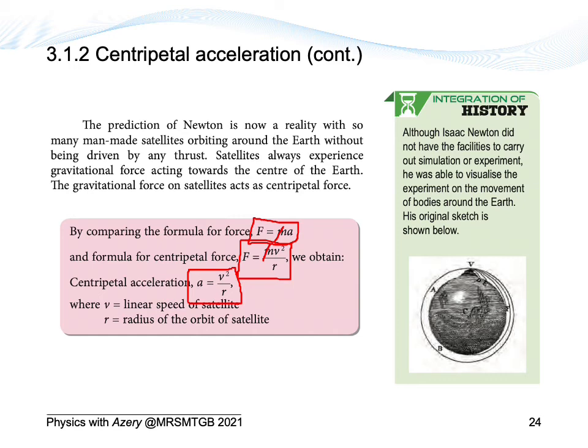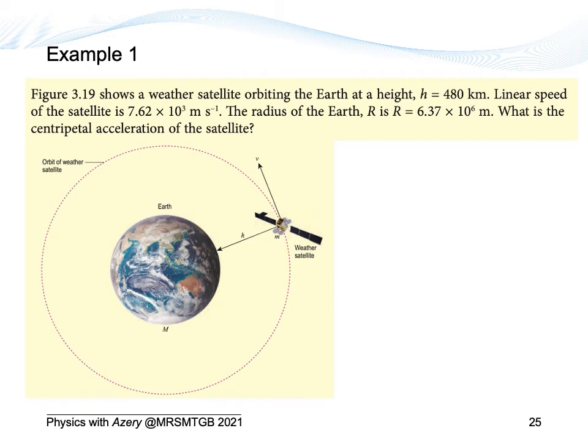Let's see an example now. Figure 3.19 shows a weather satellite orbiting the Earth at a height h. The linear speed of the satellite is given, the radius of the Earth r is given, and what is the centripetal acceleration of this satellite?